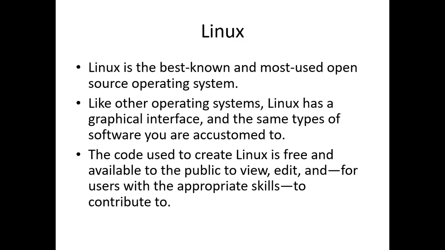The code used to create Linux is free and available to the public to view, edit, and for users with the appropriate skills to contribute to. So that means you can actually develop your own Linux operating system, and the code is free, available for everyone to view, to use and to add to.